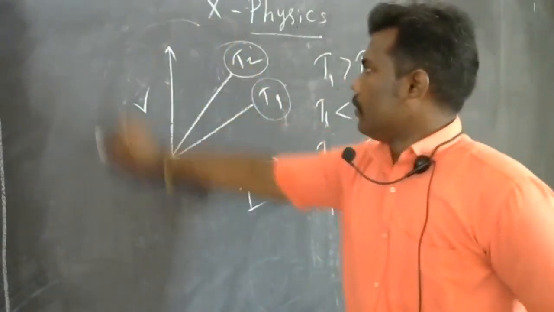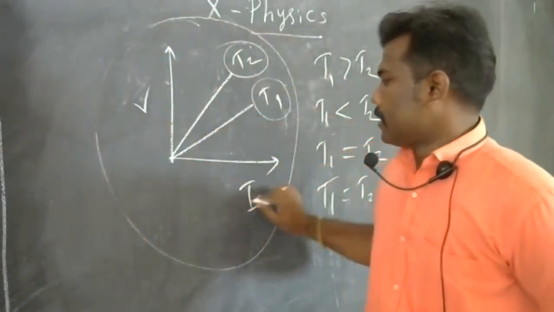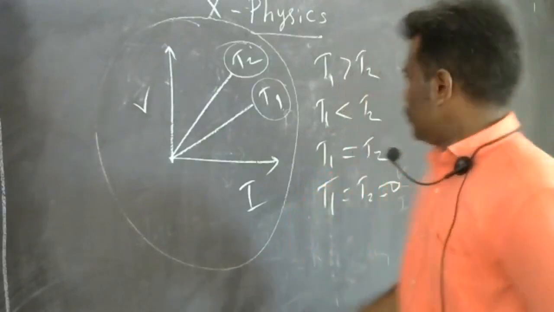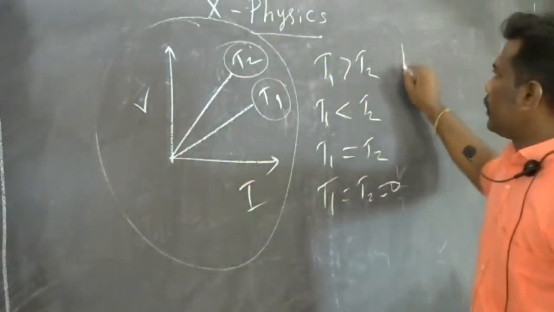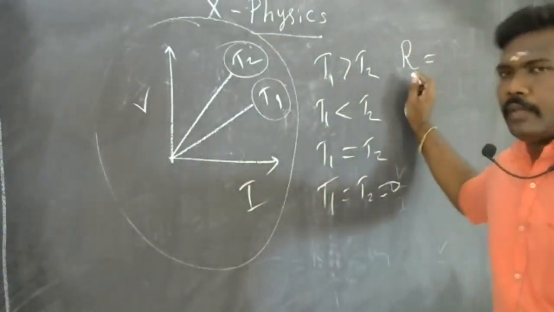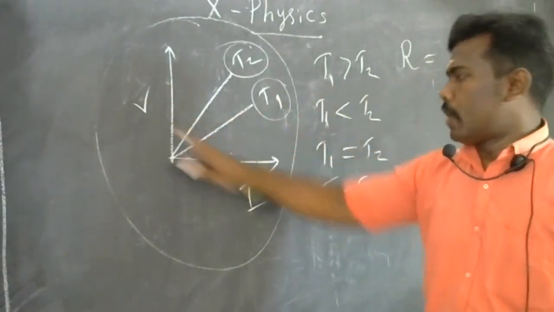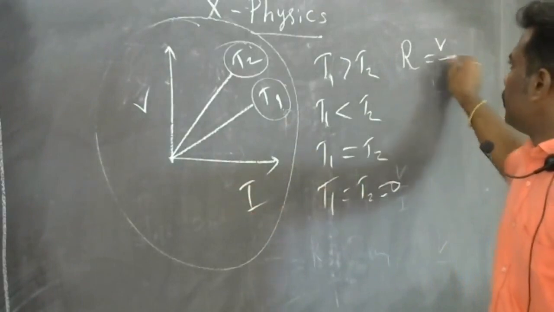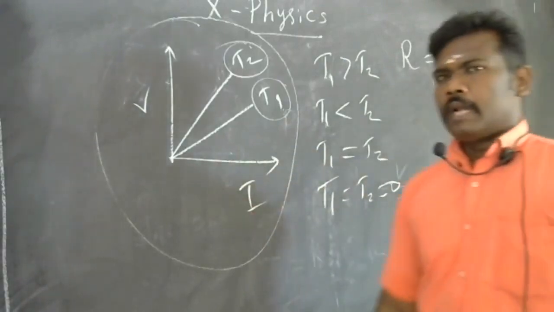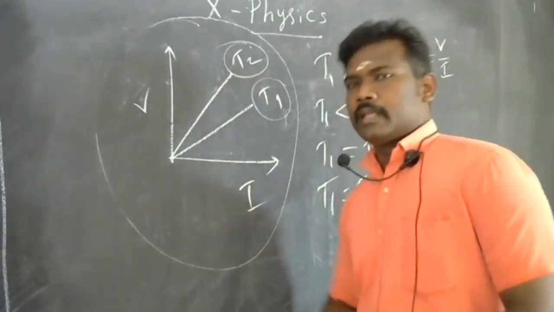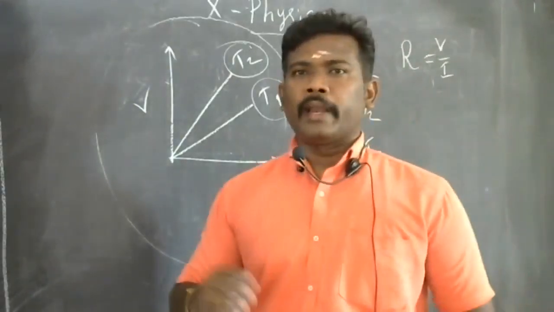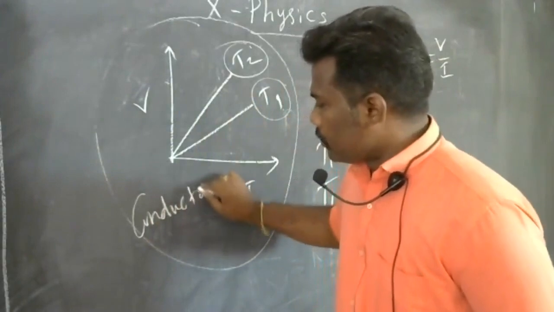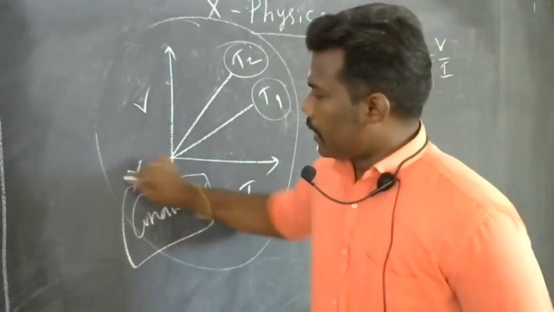So first of all, you analyze the graph. The x-axis is the electric current and the y-axis is the potential difference. First, you write the formula for the resistance, or the formula for slope. Slope is nothing but y by x. So in this graph, the slope is the resistance, V by I. And we know the concept for resistance: if you raise the temperature, here the given material is a conductor. I am choosing the given material as a conductor.